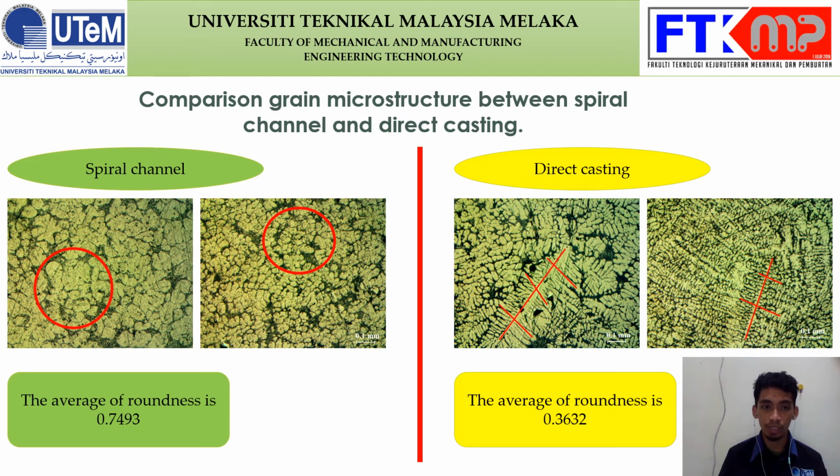The spiral channel specimen shows a grain microstructure near to globular. This can be proved by the average roundness of 0.493, compared to the direct casting specimen, which is 0.3632. So by these facts, it can be proved that the spiral channel mechanism can produce a non-dendritic grain microstructure with good quality.